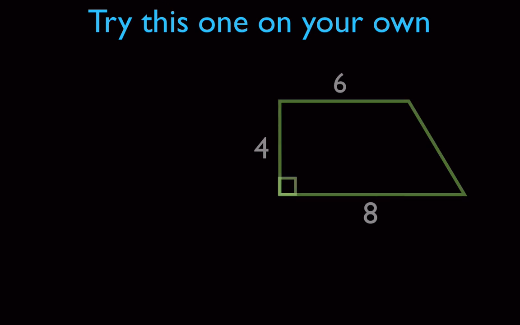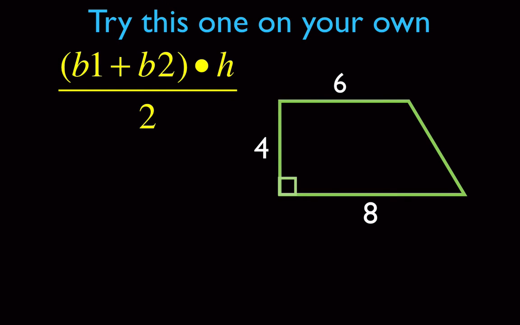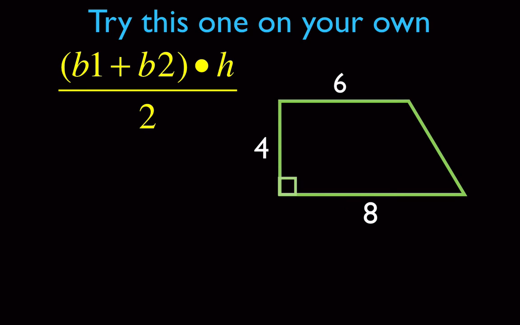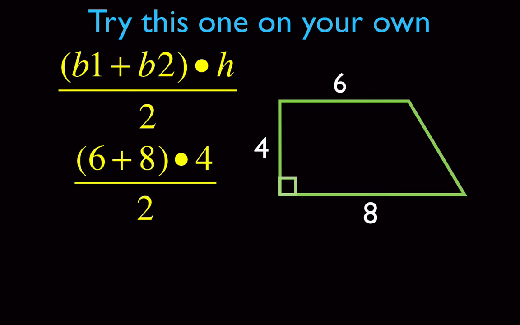So on that note, we're going to try a couple on our own. Remember the formula is base 1 plus base 2 times height divided by 2. So go ahead and try this trapezoid here, apply the correct formula, and after you're done, go ahead and unpause the video. Alright, so in this case our bases are 6 and 8, and our height is 4.